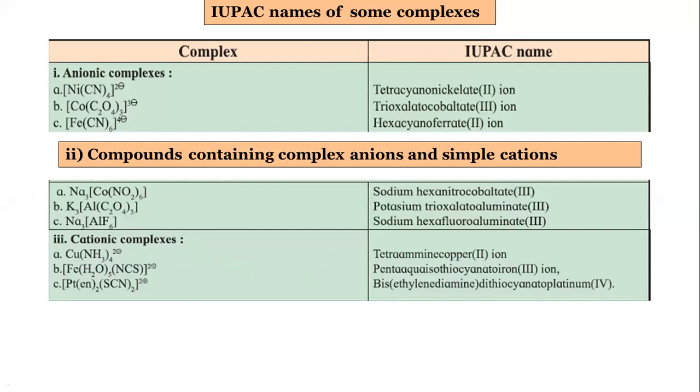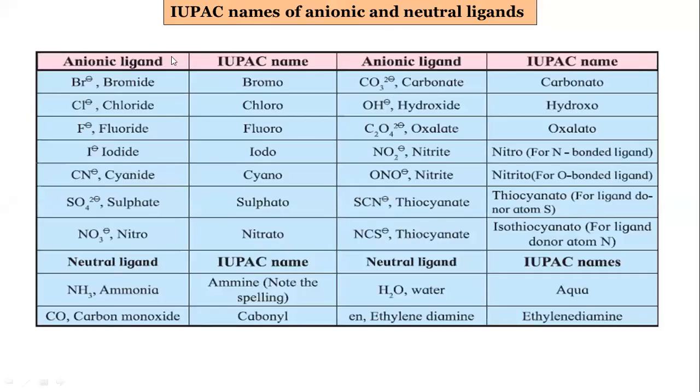Nomenclature is very easy because you know the name of the ligands, and the names of the ligands are not quite difficult. All the ligands are given in this chart. So go through this chart. Today take a printout or make a chart of these ligands and paste it where you are daily, in your study room. It will be very easy for the board exam to identify, and it also shows the charges.